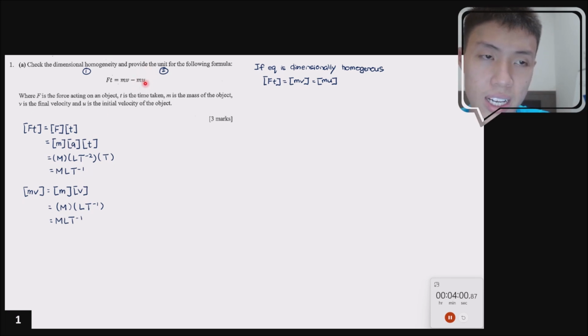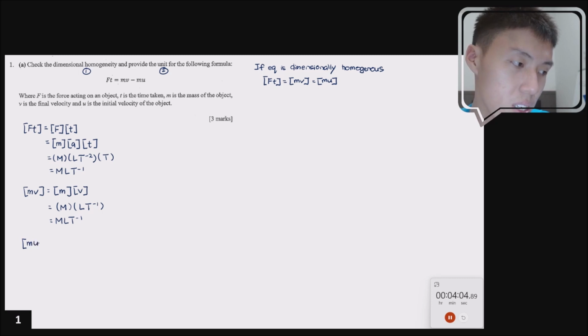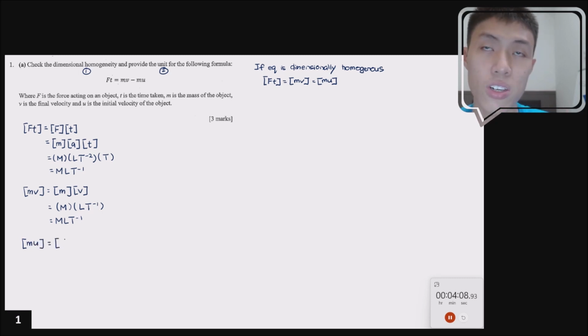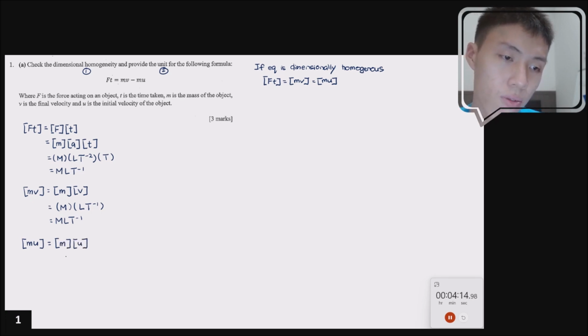Now for the last term, let's try to find the dimension as well. This is similar to mv, because this is just the initial velocity and final velocity. They are still velocity, so they should have the same dimension. If you work out the dimension, I believe you get the same answer for all three terms.